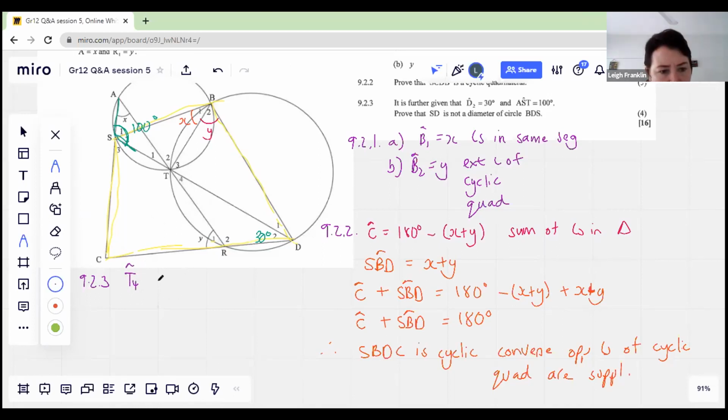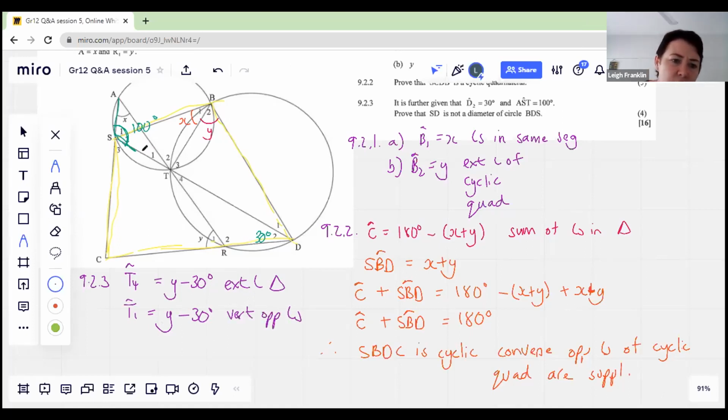And angle T4 is going to be Y minus 30, and that's because of the exterior angle of a triangle. And then we know that T1 would also be equal to Y minus 30 because of vertically opposite angles. Okay, so those two are equal to one another.